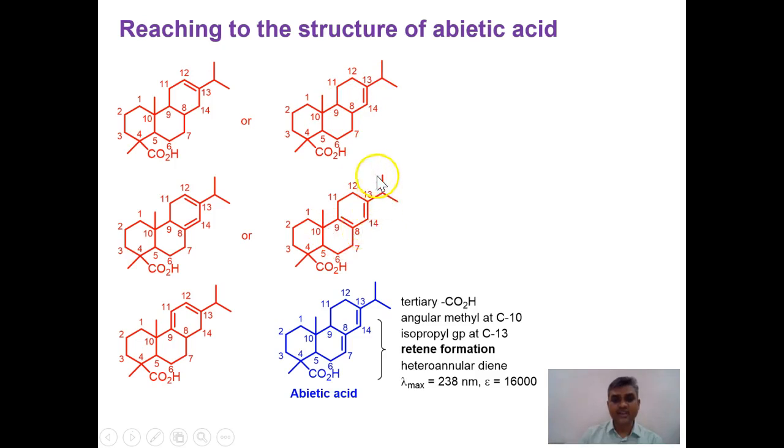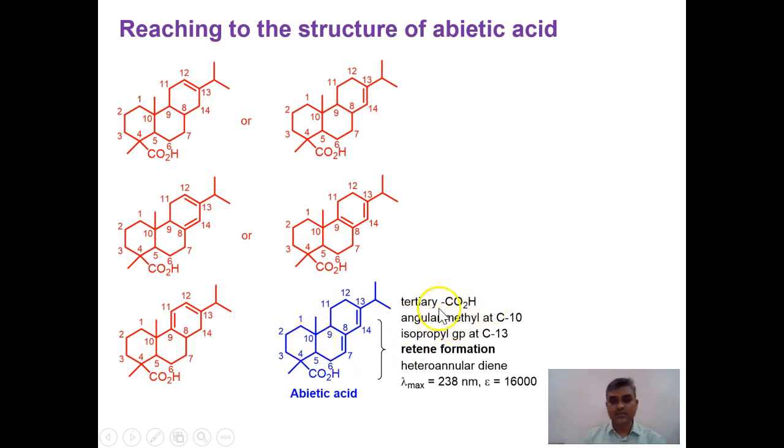Therefore it is necessary that we accommodate the other double bond at the 7 and 8 position. In this way, if we put this double bond here, then we reach the structure of abietic acid. So finally we have elucidated the structure of abietic acid on the basis of all these evidences. This structure is consistent with the various structural features. It contains a tertiary carboxyl group.